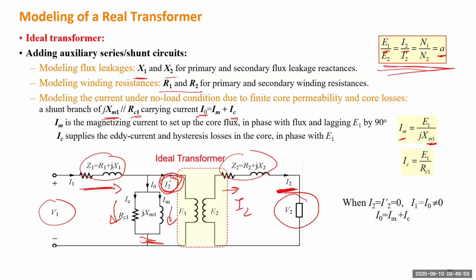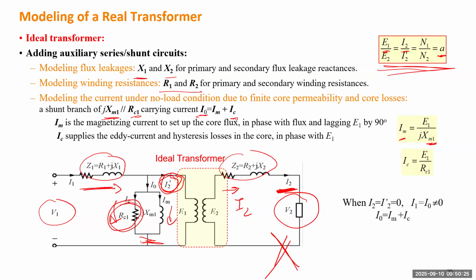So when you do the open circuit test, you just need to open the secondary side winding, and then the circuit. Then you apply a very small voltage and calculate the power loss. Then the power loss will basically determine how much the resistance is.